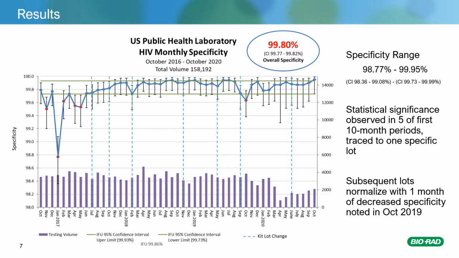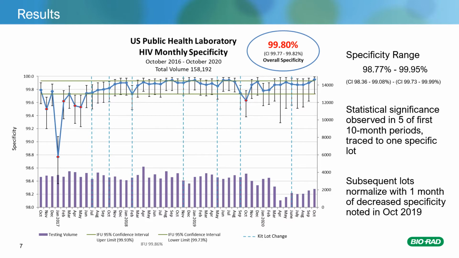Now for our results. After tabulating the data, we graphically plotted the data to easily spot any trends. First off, the overall specificity during the four-year period was very high at 99.8%, matching very closely the BioPlex HIV stated clinical specificity claim of 99.86 and was within the stated confidence intervals of the BioPlex assay.